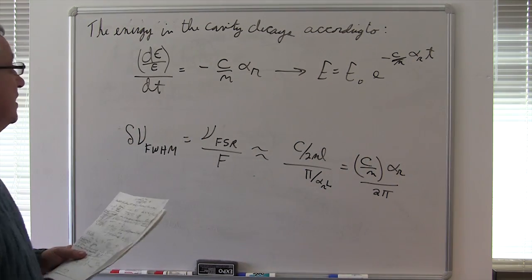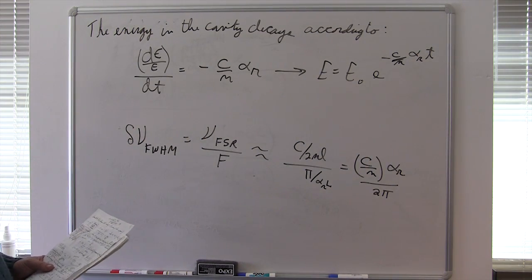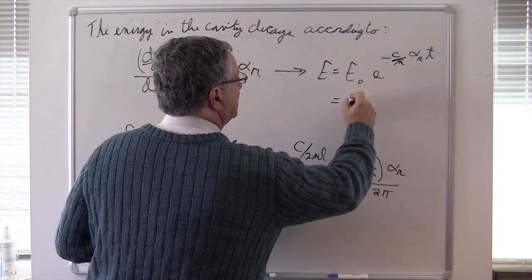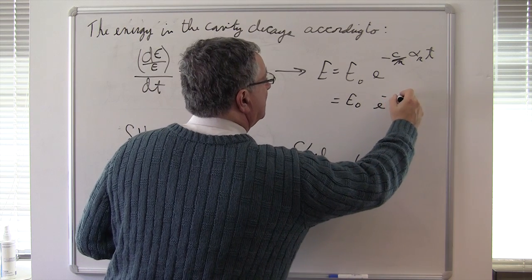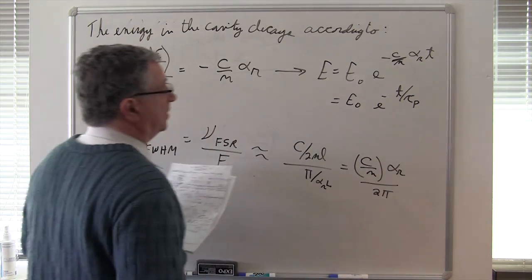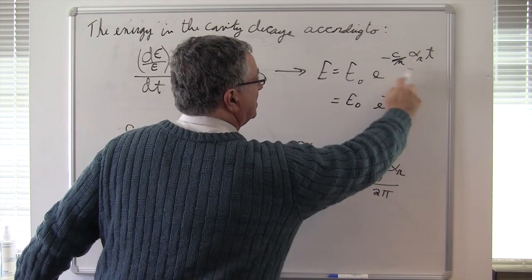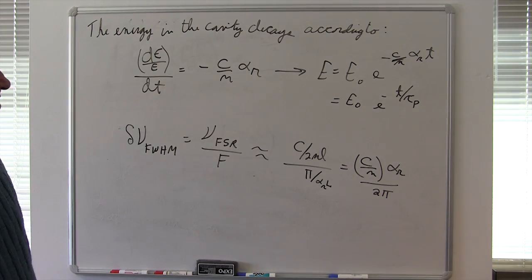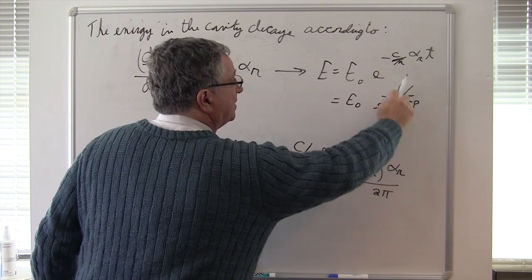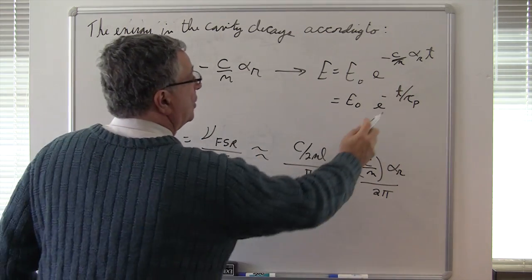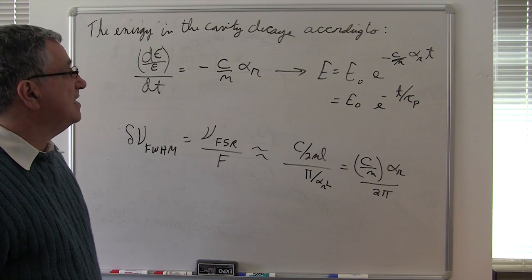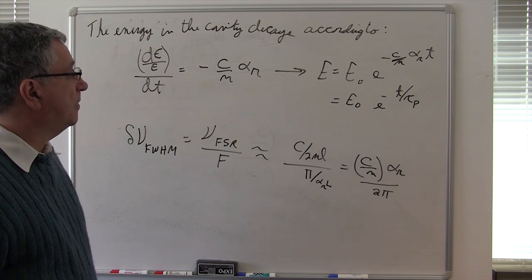That's the solution of this equation. Or this can be written simply as E0 e to the minus t over tau photon. You see that's a characteristic time here. This is how fast the energy in the cavity is going to decay. So here the photon lifetime, the way it's written, it means that tau p is equal to 1 over c divided by n times alpha r. Okay?